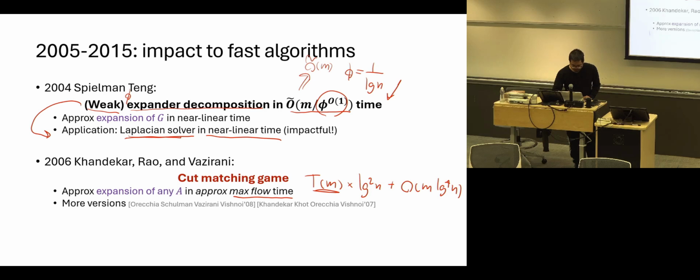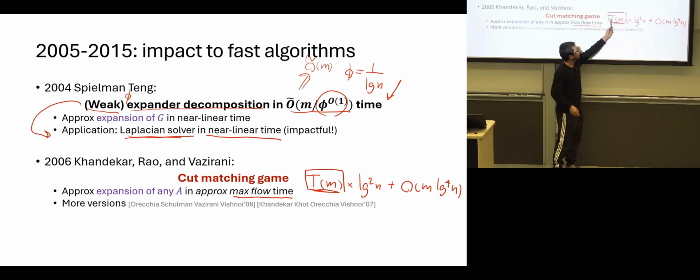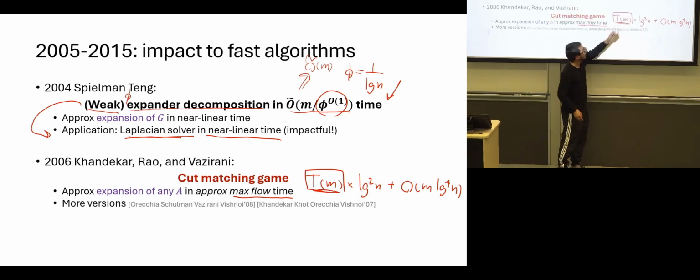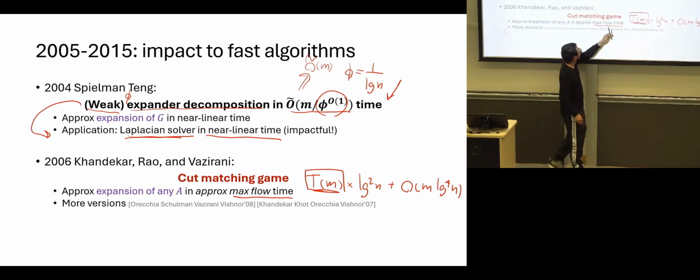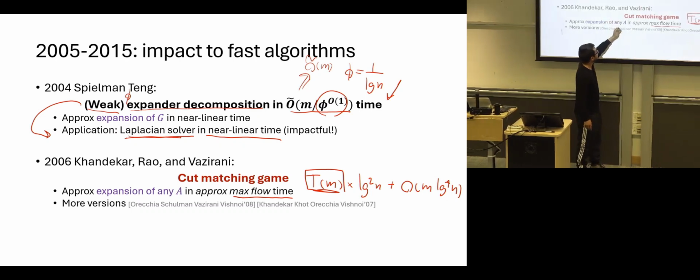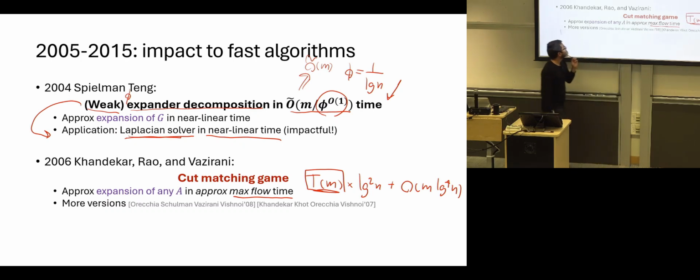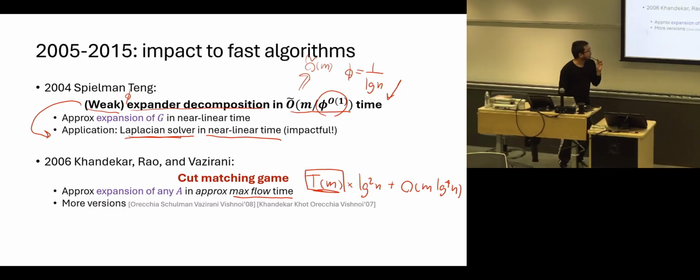That's the running time. But this is the time for computing exact MaxFlow, and that's what they state in this paper too. But actually, you can use approximate MaxFlow. That's good enough too.